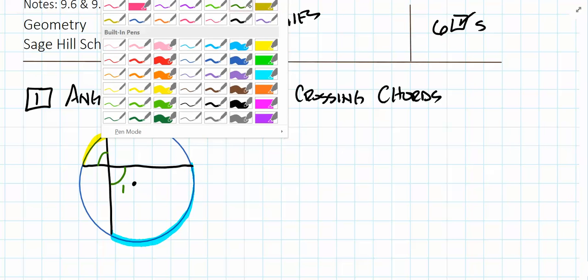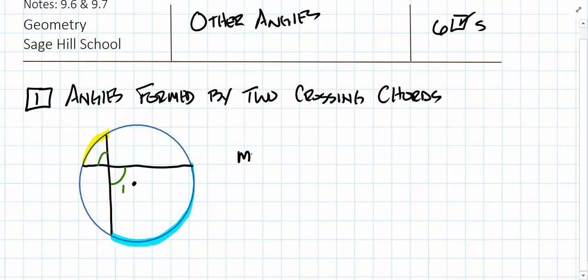And here's the deal. So the measure of angle 1 is equal to, if I give these some names here, let's call that A, let's call that B, let's call this C, and let's call that D. I always just look at the far arc and the close arc, the arc that's across from it.